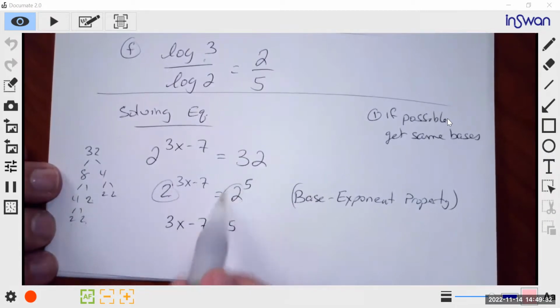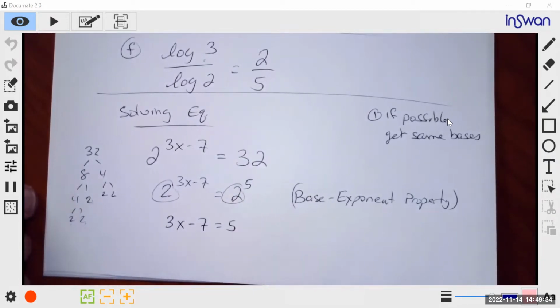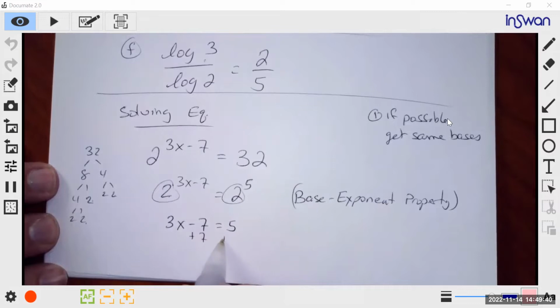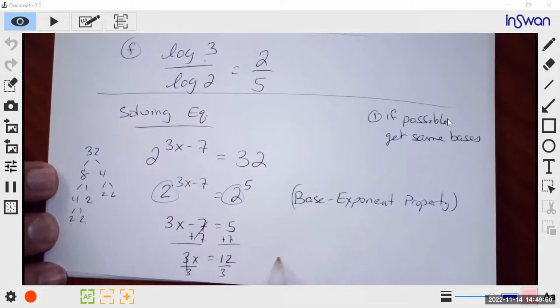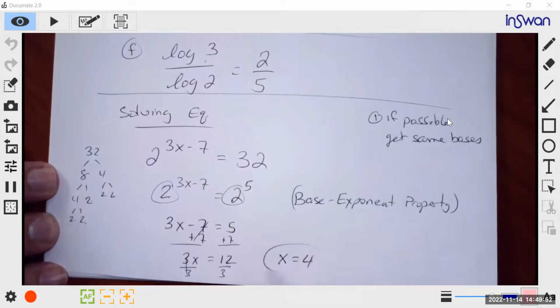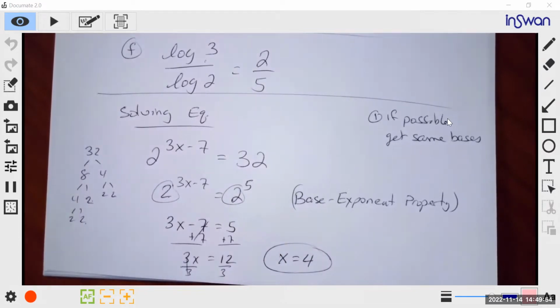Since the bases are both 2, the exponents have to be the same. Add 7 to both sides. 3x equals 12. Divide by 3. So x is equal to 4. That's the answer.